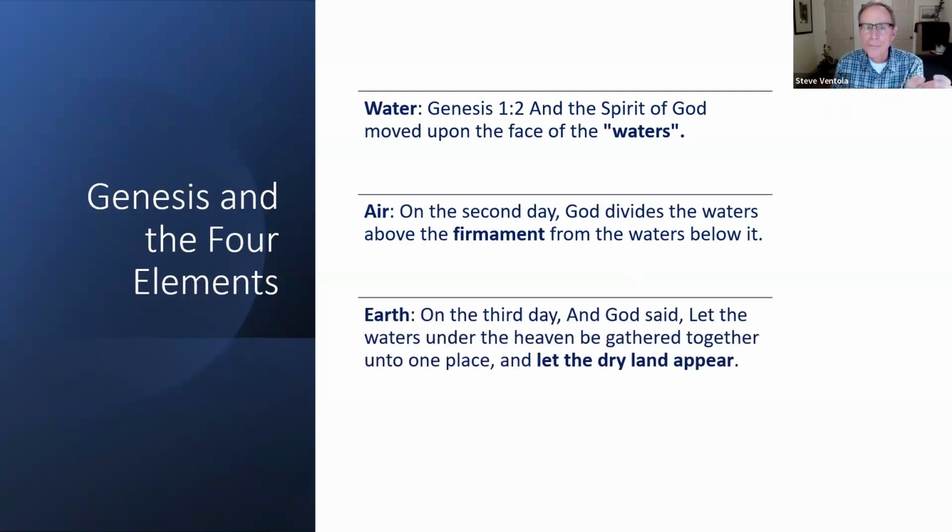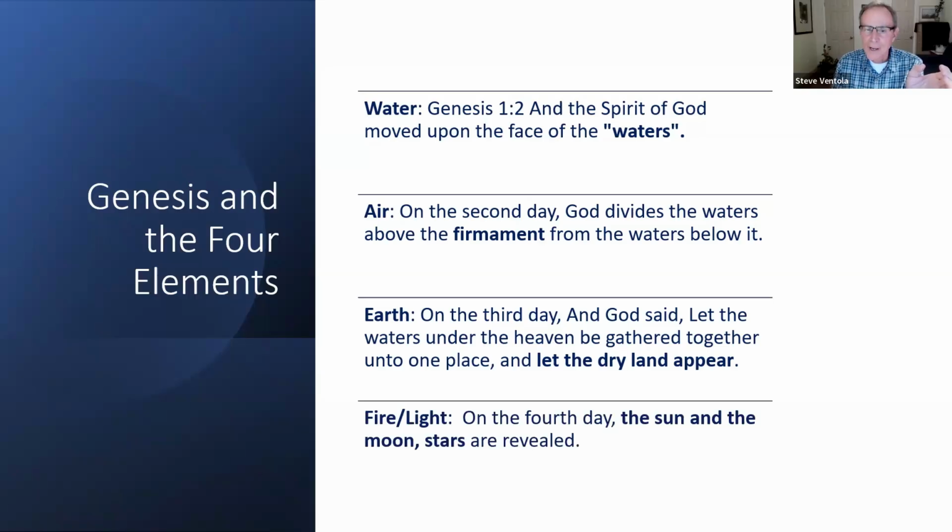Earth on the third day: God said, let the waters under the heaven be gathered together unto one place, and let the dry land appear. Earth. Fire, light: on the fourth day, the sun and the moon and stars are revealed.